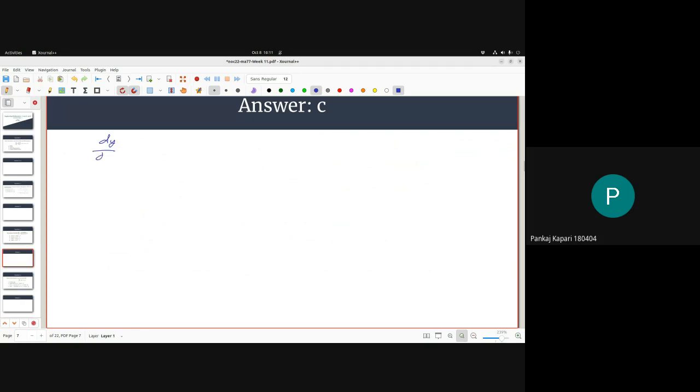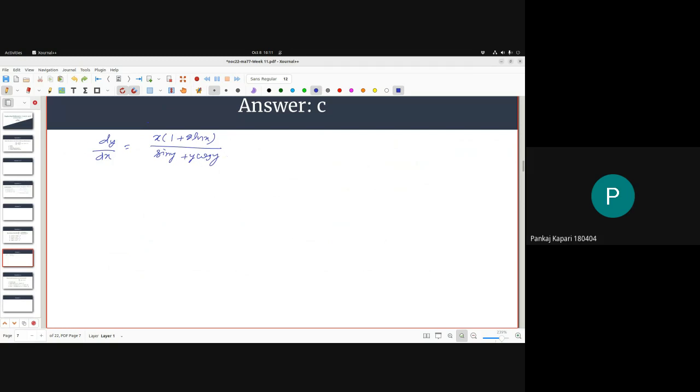This is dy by dx equal to x times (1 plus twice logarithm of x) divided by sin y plus y cos y. Now you can see that the numerator is a function of x and the denominator is a function of y.